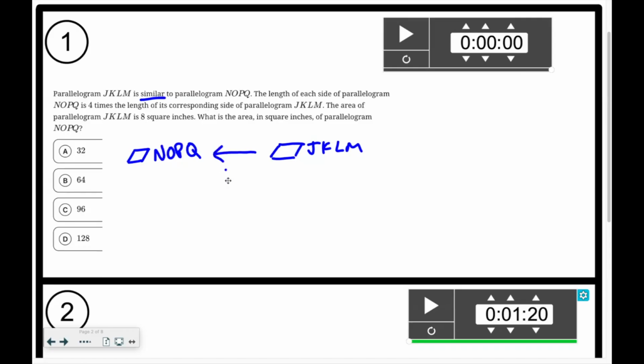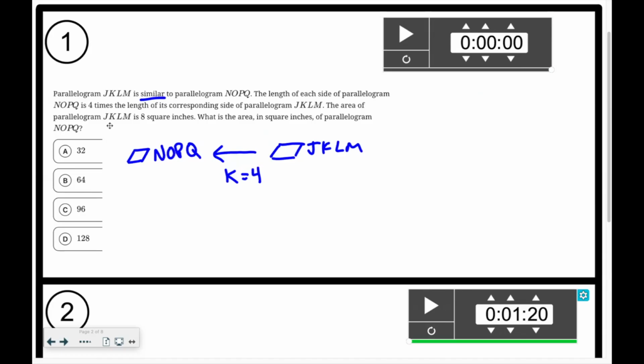I use the letter K for the scale factor. That just means the scale factor is 4, which means each side of the smaller parallelogram gets multiplied by 4 to give you the larger parallelogram.